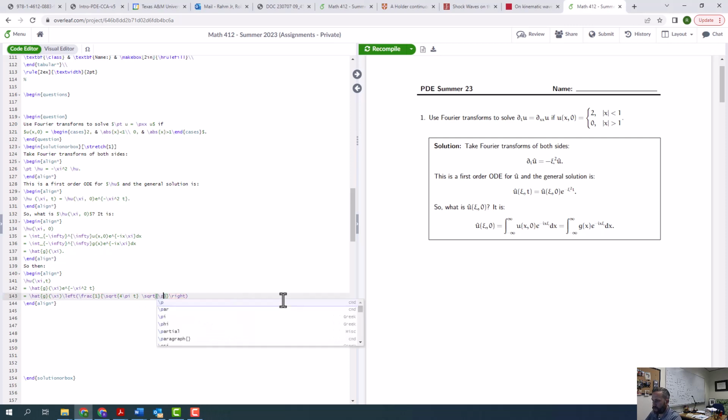square root of 4 pi t times e to the power of minus c squared divided by, here's where it gets a little messy. So now I'm definitely probably going to have a problem with the compilation. What does this go with?